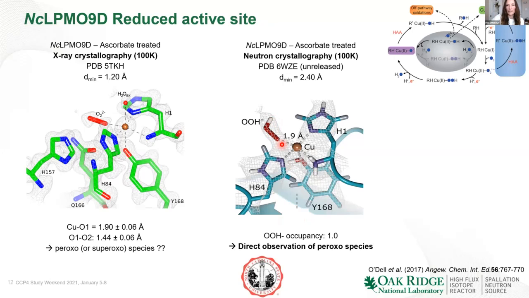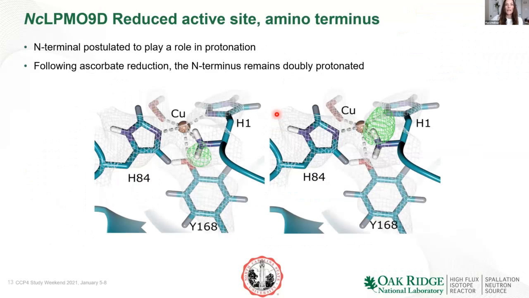So the question then is, where does that proton come from? In the literature, there has been a proposal, based on small molecule mimics, that the N-terminus of the enzyme could be the proton donor. So we calculated some omit maps, omitting either one deuterium or the other of the NH2 group of the first histidine.